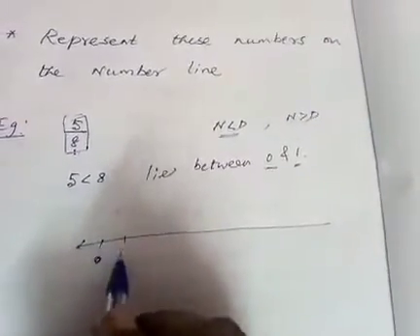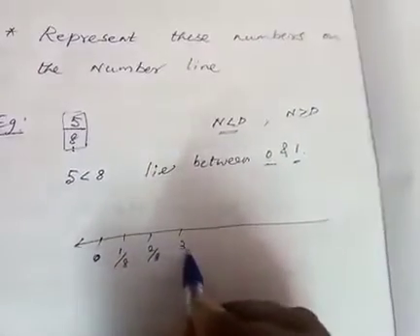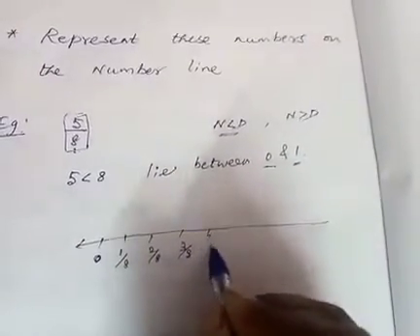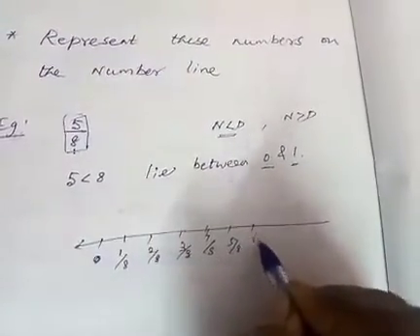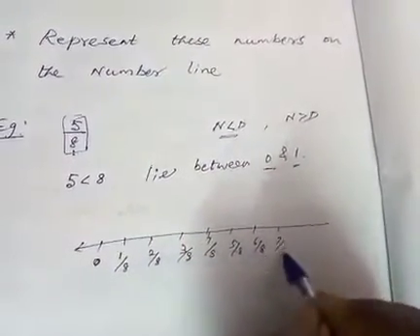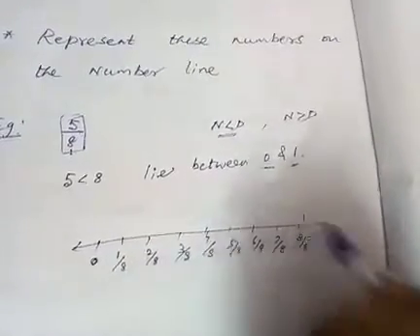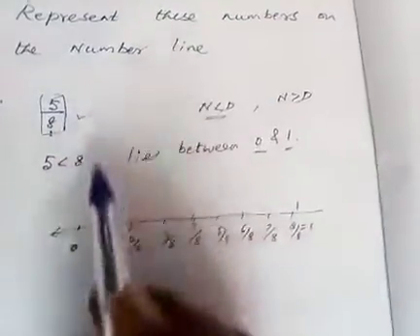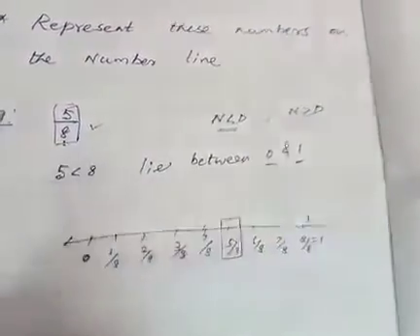So 0, 1 divided by 8, 2 divided by 8, 3 divided by 8, 4 divided by 8, 5 divided by 8, 6 divided by 8, 7 divided by 8, 8 divided by 8. 8 divided by 8 is equal to 1. Now the rational number 5 divided by 8 is here.